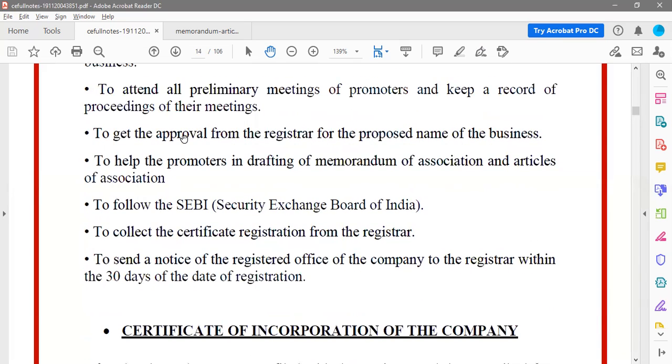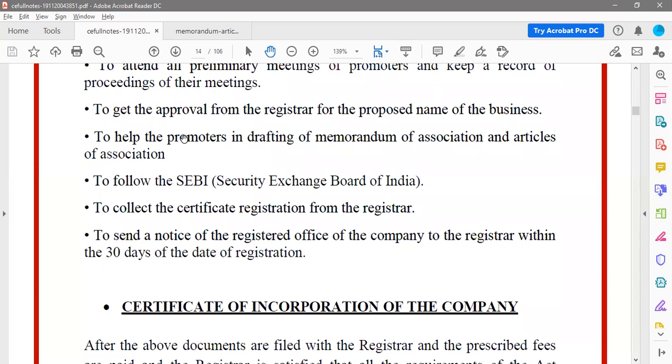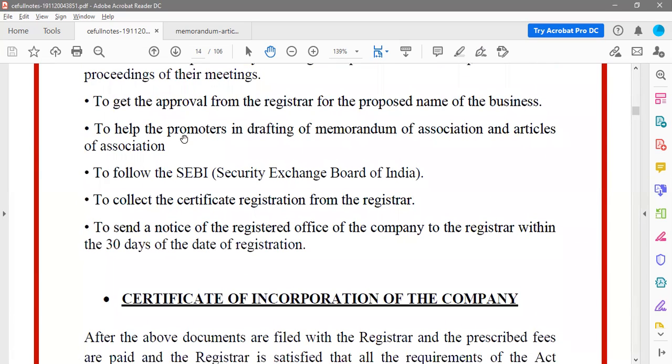Then to collect the certificate of registration from the registrar, and also to send notice about the registered office. If they want a proper registered office and don't have an actual registered office, they can send that notice to the registrar and get the registered office address written in the books.